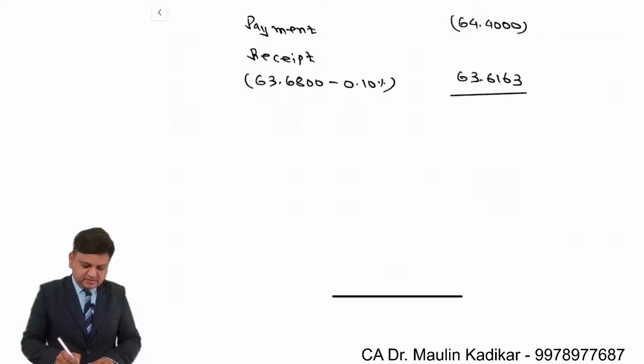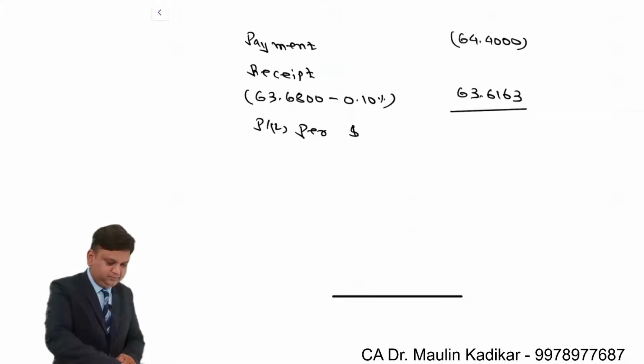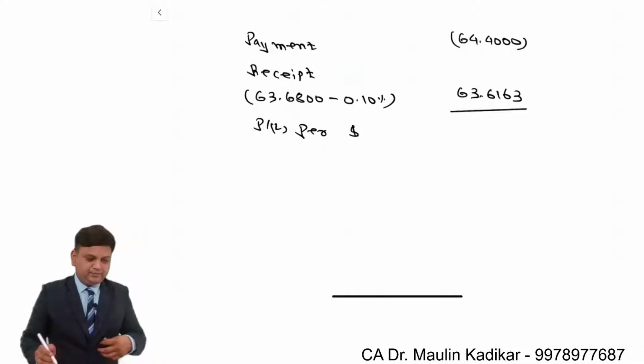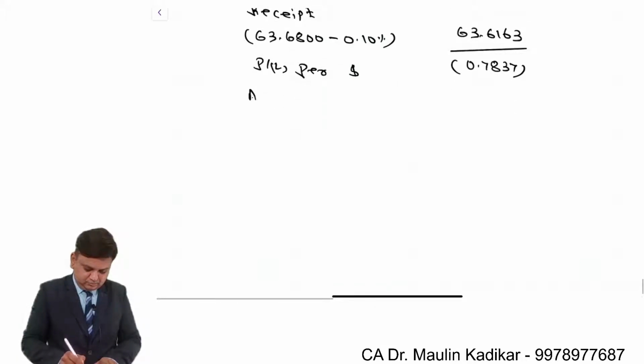Difference of both of them is profit or loss per dollar. Point 0.7837, amount to 2 lakhs.